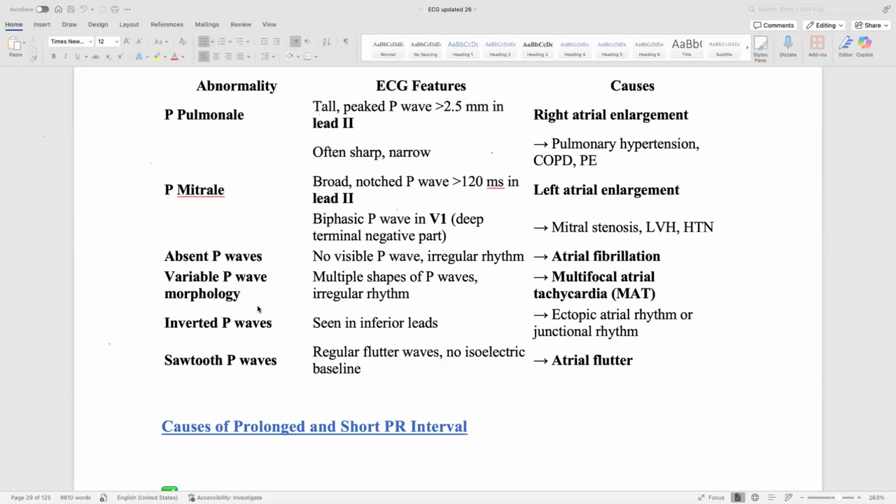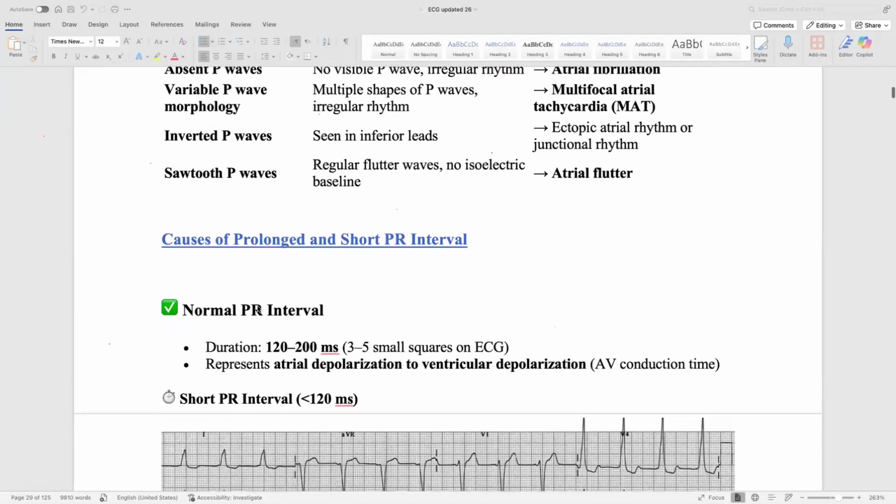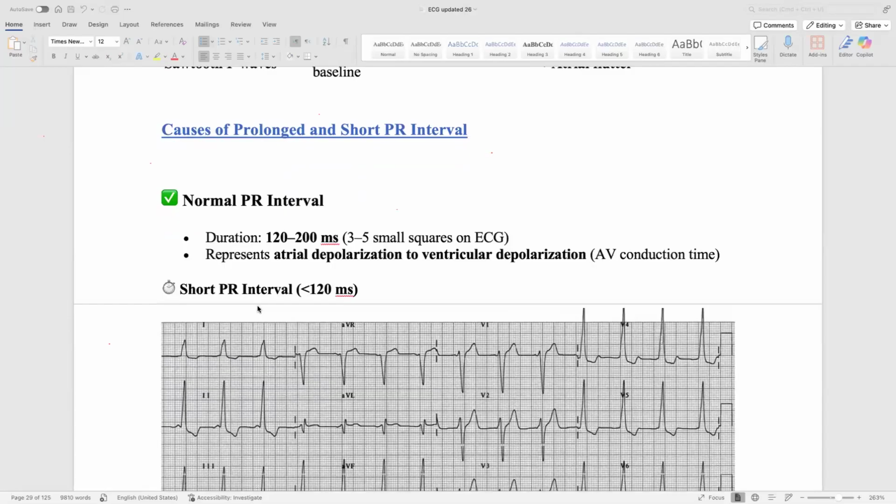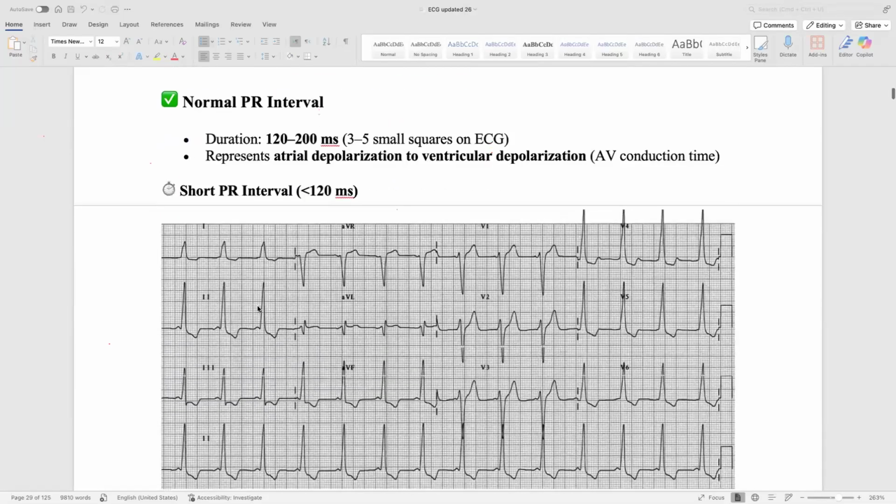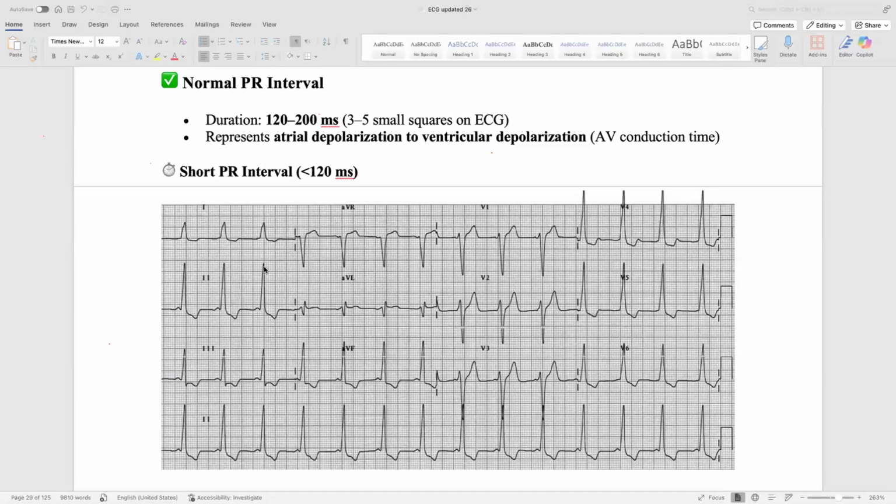All right, inverted P wave may be normal in V1, maybe normal in aVR. Okay, and the PR interval, we already talked about, should be normal. If it is short, can someone tell me, from this ECG, where is the shortness?